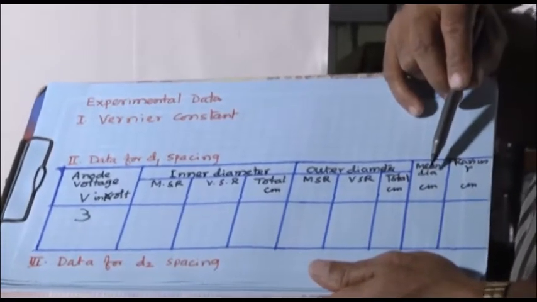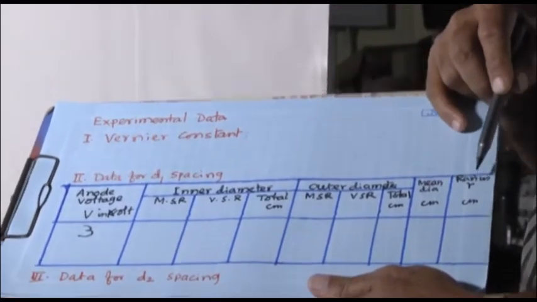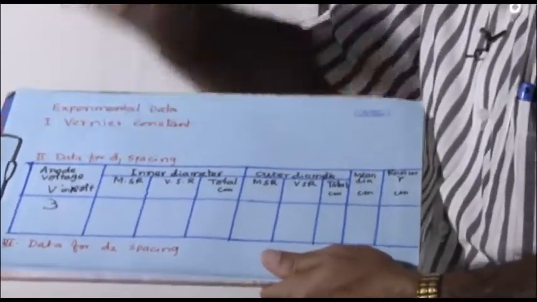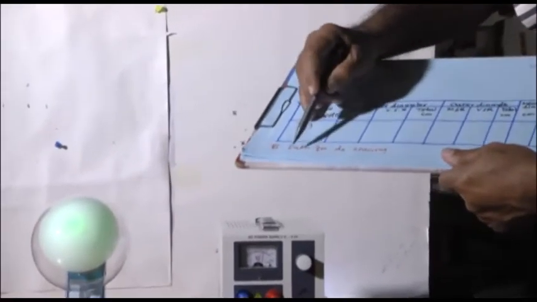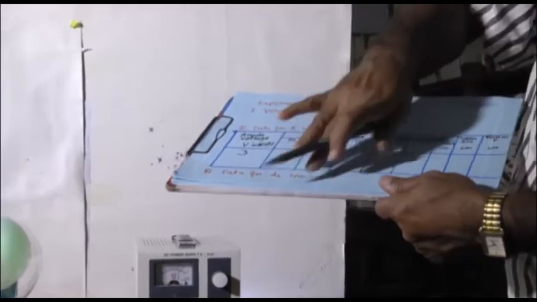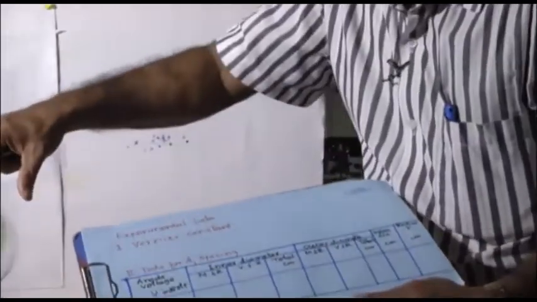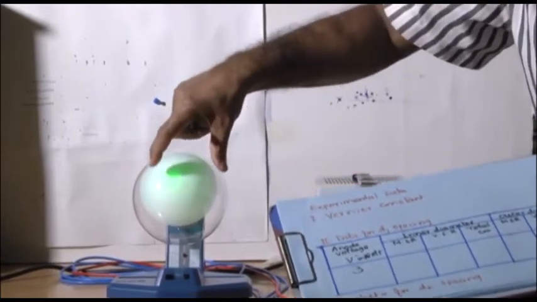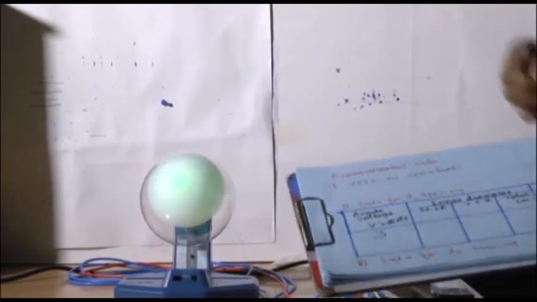Half of it will be the radius, small r. Then I will change the voltage. I have not shown the same table here, but you have to make the same table, and for 3 kilovolt you measure the diameter of the second ring.